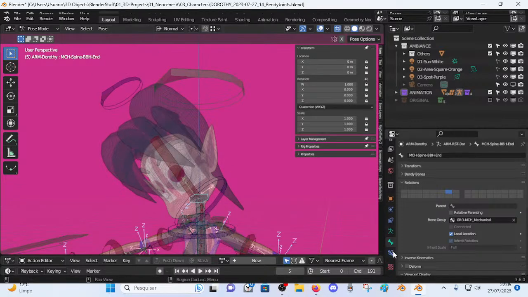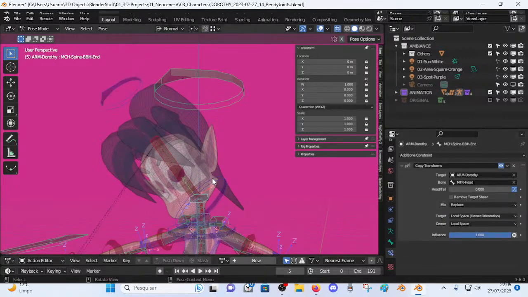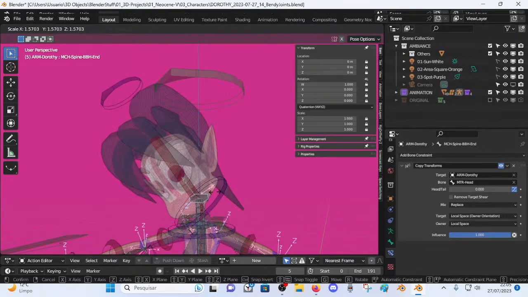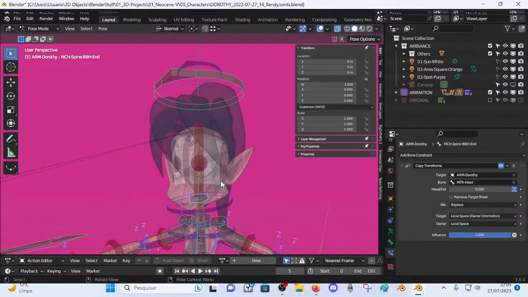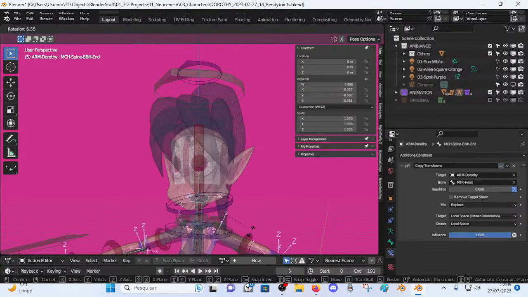It is of course the copy transforms to the master head, so it controls the large spine, but I cannot move it right now because of all that. But if I unlocked everything here and take this off, you see what it does.